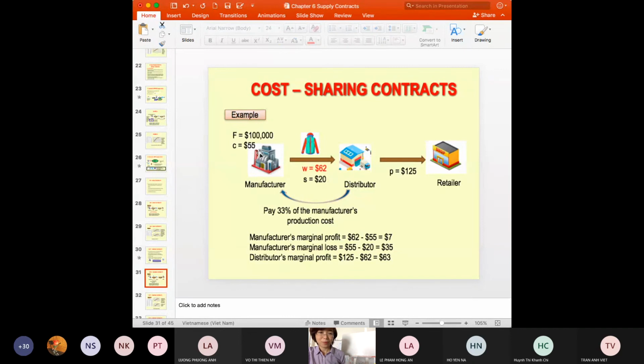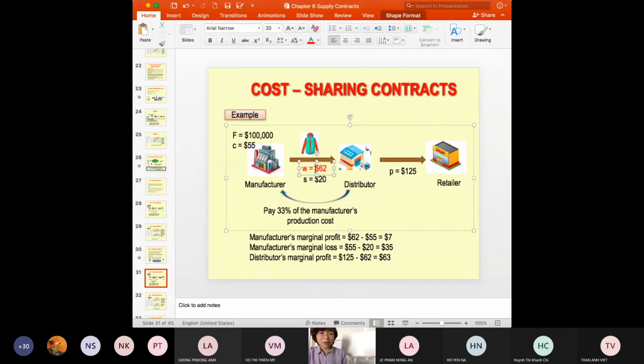So, what example? The manufacturer sells the product at $68, and the service price is 20. So the distributor must share the production cost for the manufacturer.